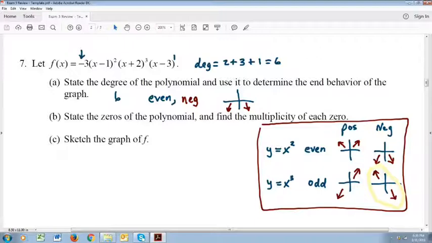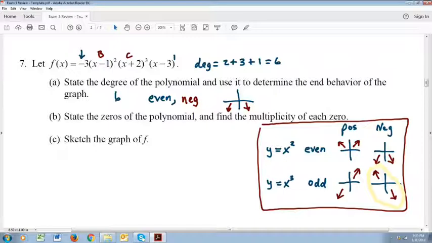Alright, and let's see, it says state the zeros of the polynomial and find the multiplicity of each zero. So notice for the x minus 1 factor, because it's an even power, it's going to bounce. At x plus 2, or x plus 2 is a factor, so the 0 there would be negative 2.